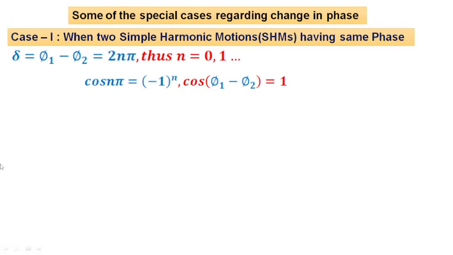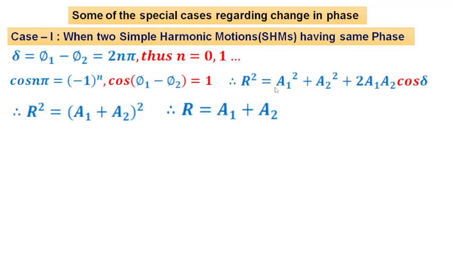Now some of the special cases regarding change in phase. When two simple harmonic motions have the same phase, delta is equal to phi 1 minus phi 2 is equal to twice n pi, where n is equal to 0, 1, and cos n pi is equal to minus 1 raised to n. So therefore cos of phi 1 minus phi 2 is equal to 1. So R square is equal to A1 square plus A2 square plus twice A1 A2 into cos delta.